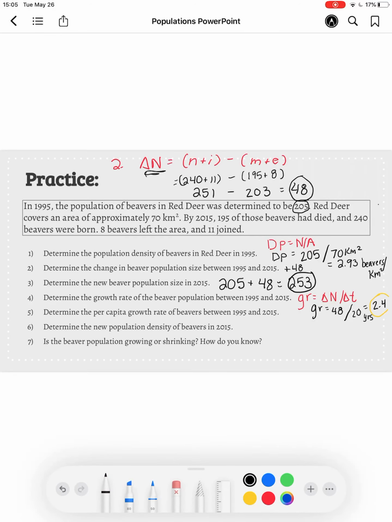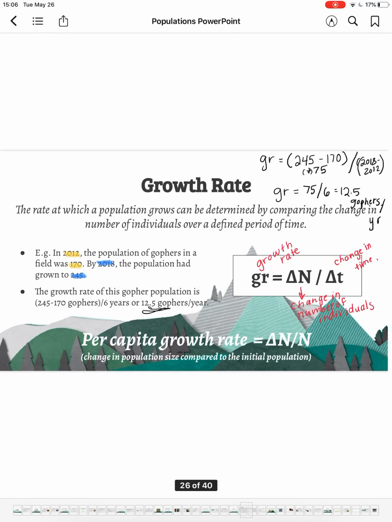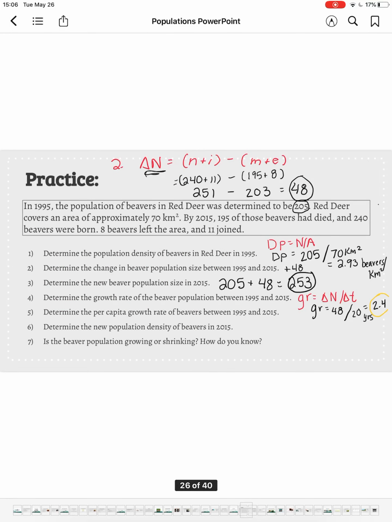Number 5, it says determine the per capita growth rate of beavers between 1995 and 2015. So if we're looking at the per capita growth rate of beavers, it's the growth rate, how much the beavers grew over how many we had initially in the population.